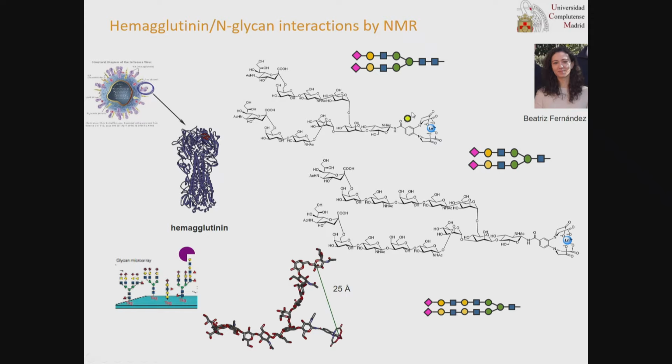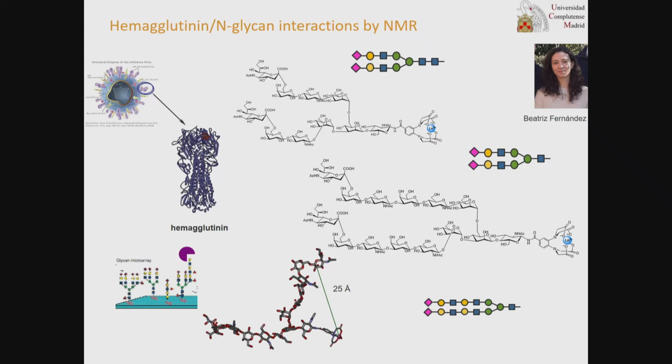In this case, we have removed the first GlcNAc of the core of the N-glycan in order to have the lanthanide binding tag closer to the end of the arms, because these ones are bigger than the previous one. And we have already studied the compound with just 1 LacNAc repeat and with 2 LacNAc repeats, because the idea, according to glycoarrays, is that the compounds with several LacNAc repeats have higher avidity for the protein.